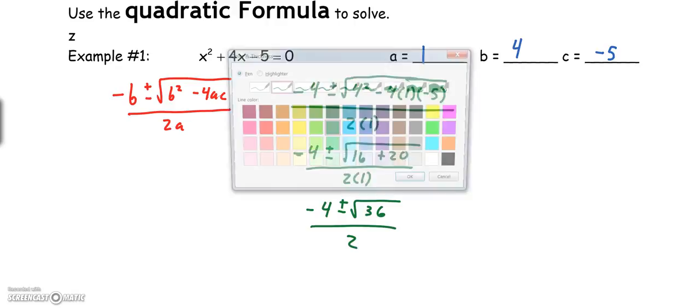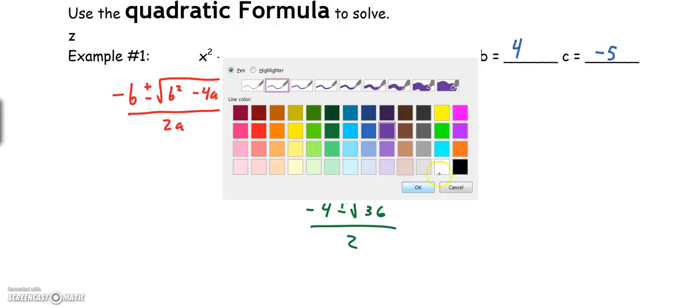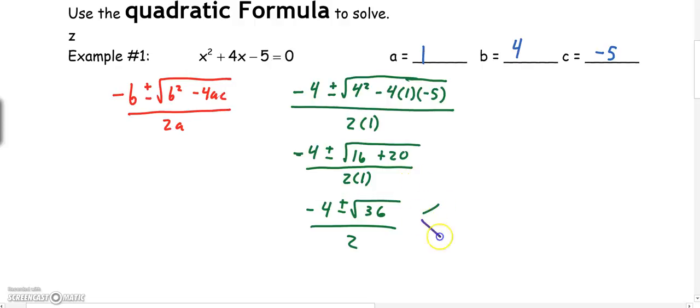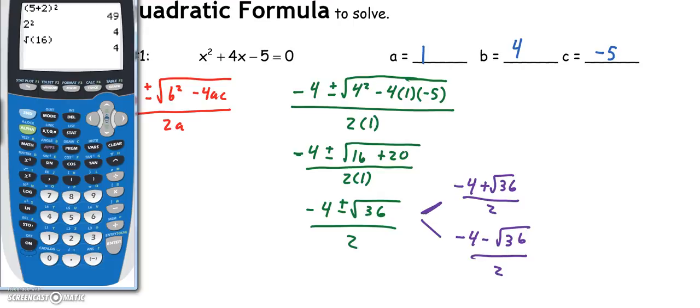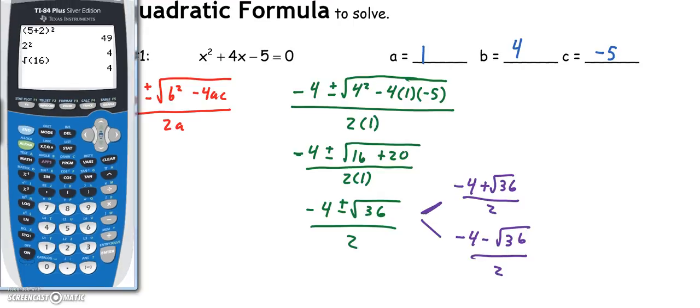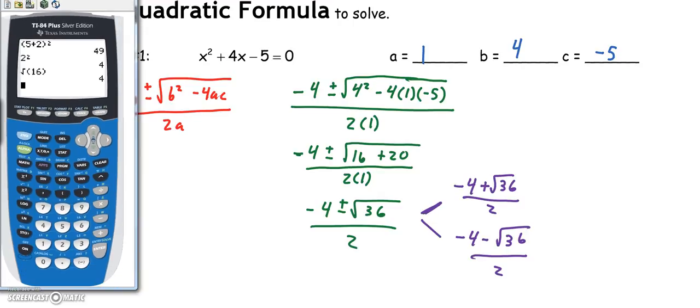So our solutions: one solution is negative 4 plus the square root of 36 over 2. The other solution is negative 4 minus the square root of 36 over 2. Now, we can put this into our calculator. When I put this in my calculator, what I'm going to do first is enter the numerator of my fraction.